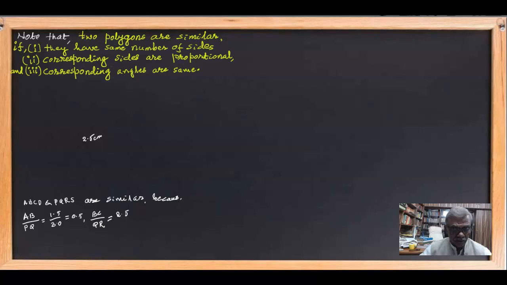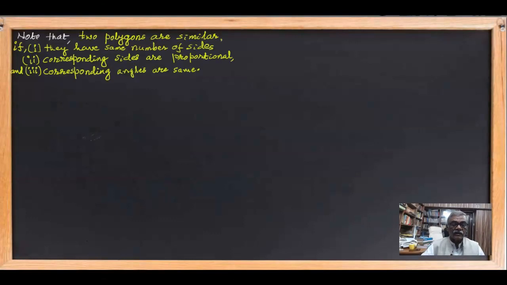Note that two polygons are similar if they have the same number of sides, and secondly, corresponding sides are proportional. Third, corresponding angles are the same.